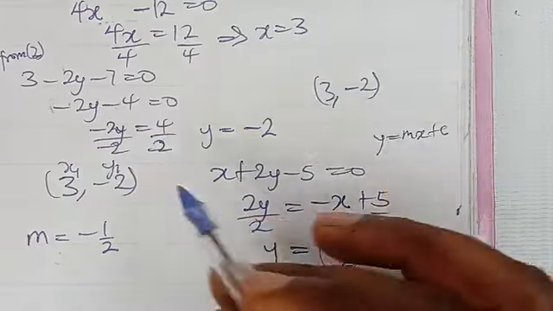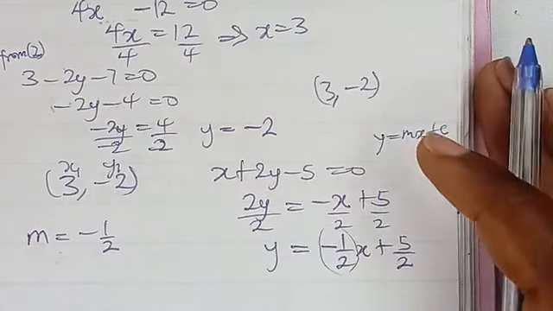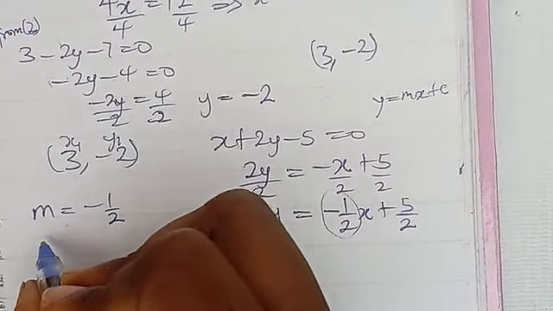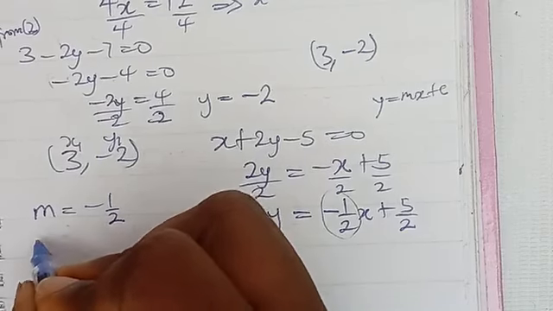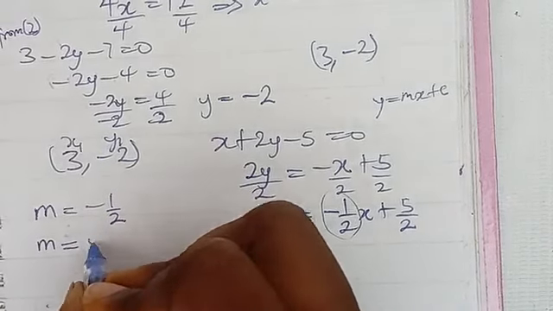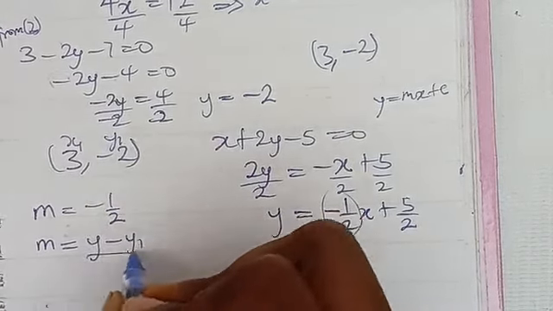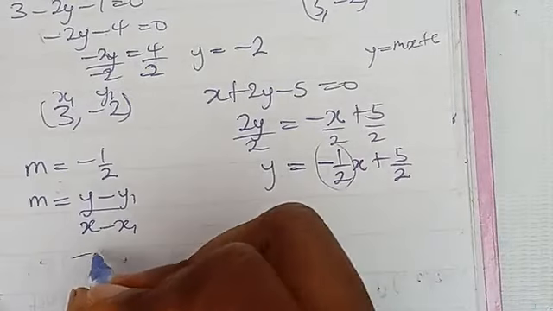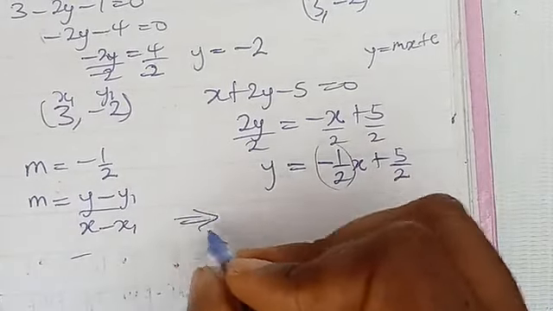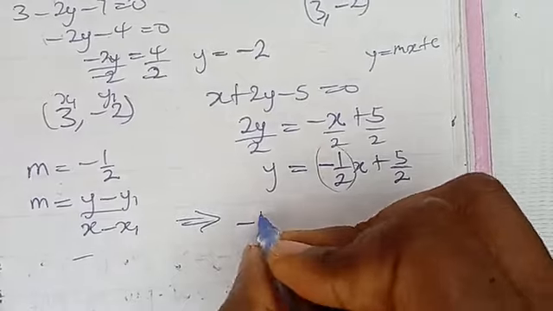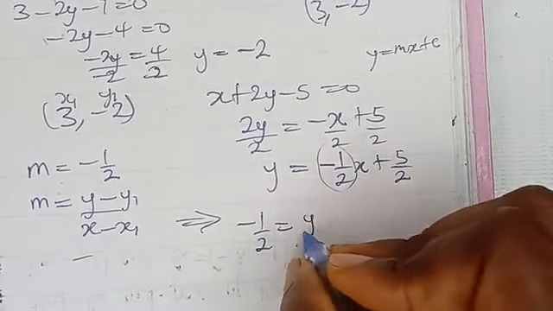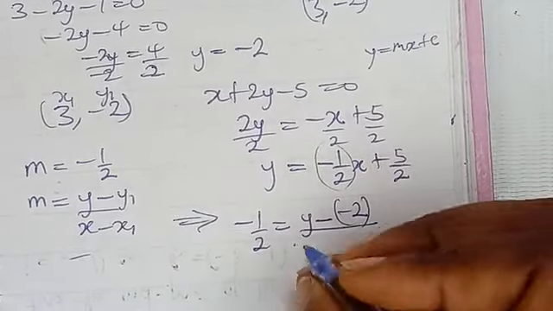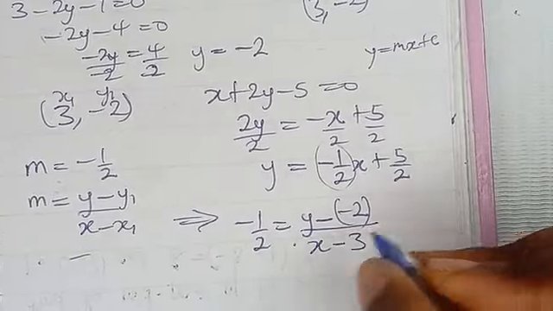This is the point we are interested in passing this line through. So we have m = (y - y1)/(x - x1). When we substitute, we have -1/2 = (y - (-2))/(x - 3), that is (y + 2)/(x - 3).